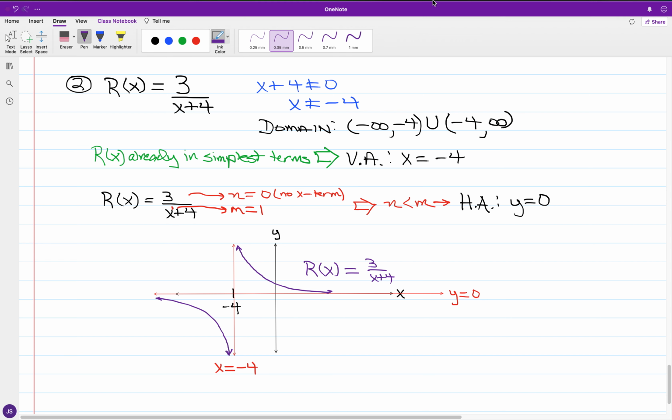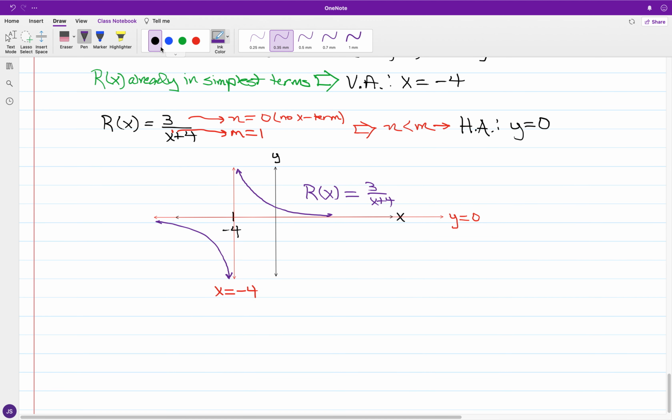All right, and just to round things out, as a third case here, we have a rational function.